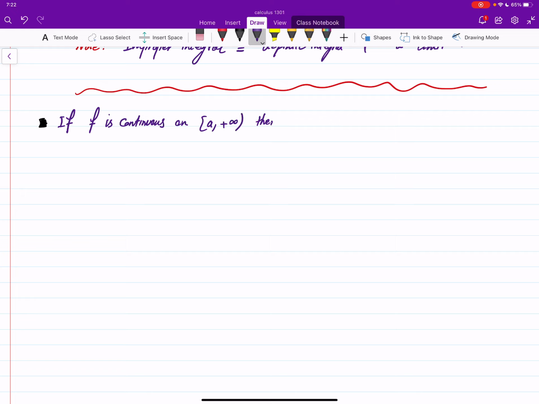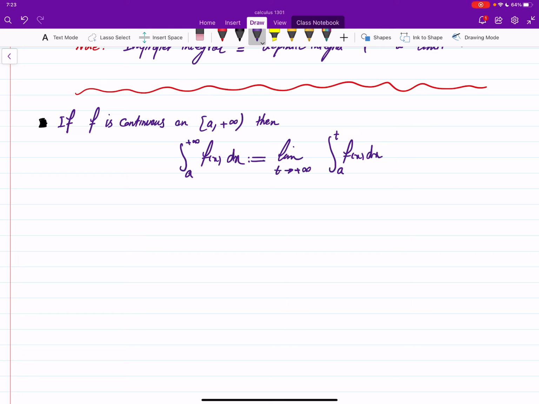Then when I write the integral from a to plus infinity of f of x dx, what I really mean is this. You replace infinity by a variable t, go from a to t of f of x dx, use the fundamental theorem of calculus, evaluate this and you will get a function in t. Then find the limit of that as t goes to infinity.